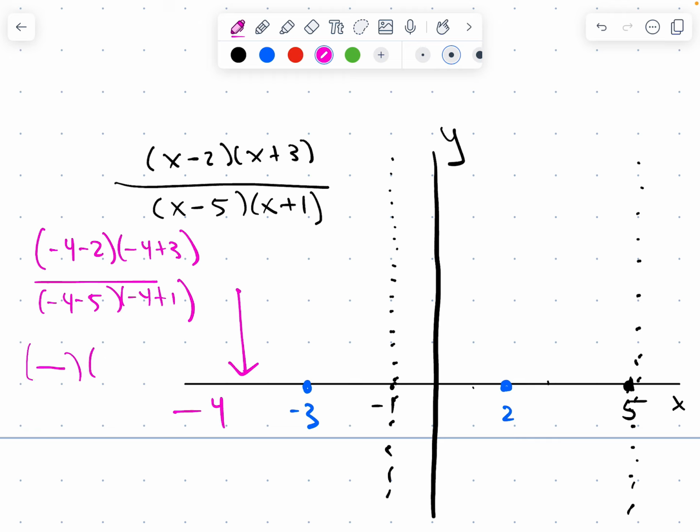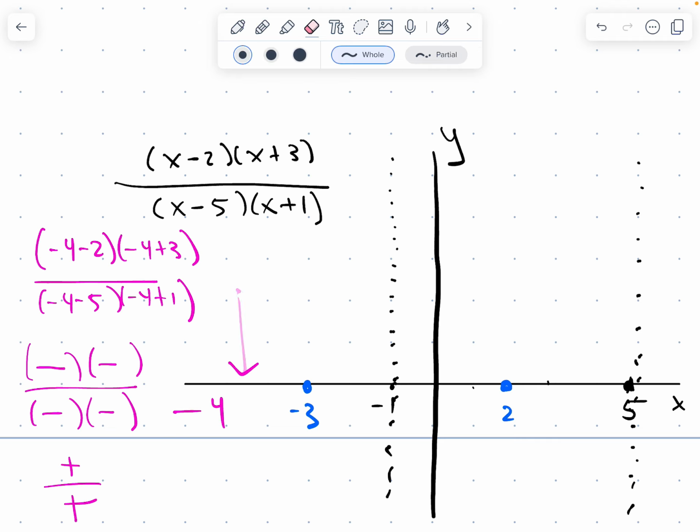Negative 4 plus 3 is a negative number. Negative 4 minus 5 is a negative number, and negative 4 plus 1 is a negative. A negative times a negative on the top is a positive. A negative times a negative on the bottom is a positive. So when I am in this region, anywhere to the left of negative 3, I'm going to be positive. So in this region right here, I am positive.